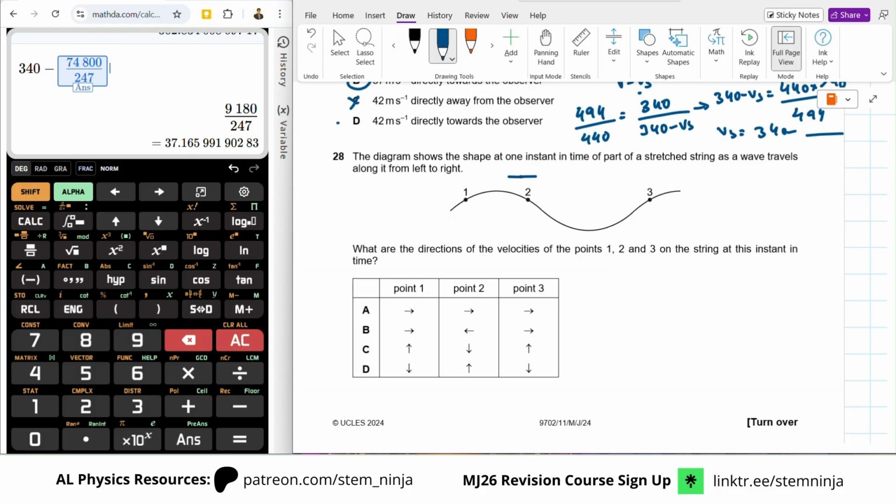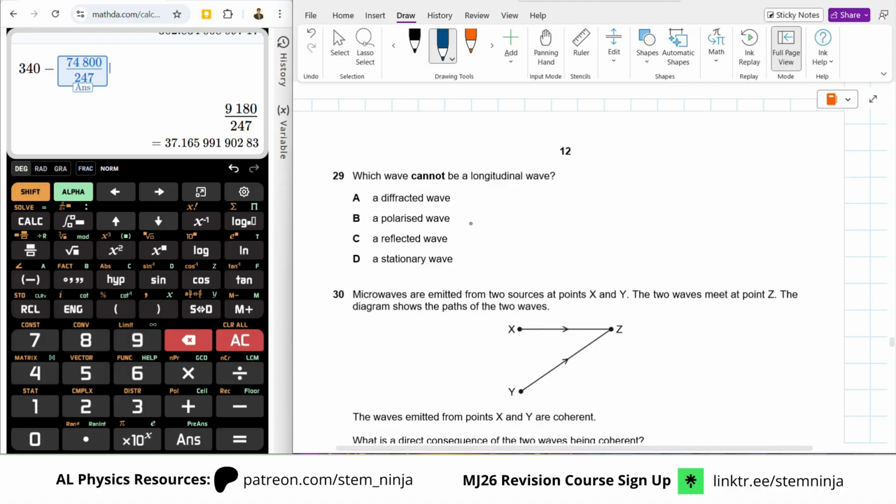Okay, so if it is moving from left to right, this point would be going downwards. This point would be going upwards. And since basically this crest is moving this way and this trough is moving this way, this point would be coming down. So down, up, down, D part.